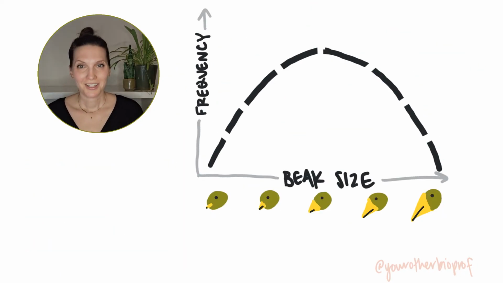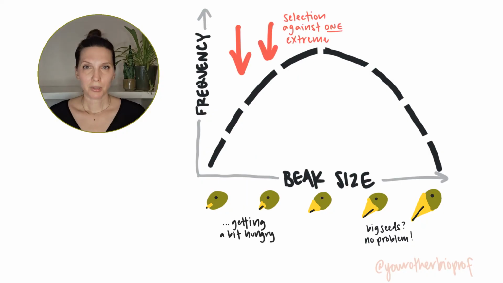One more population. Now we've got some birds. And this year, big seeds are the most abundant food source for this bird population. Birds with large beaks are able to easily break these big seeds, while birds with smaller beaks struggle. That means that the birds with biggest beaks have the most access to food.